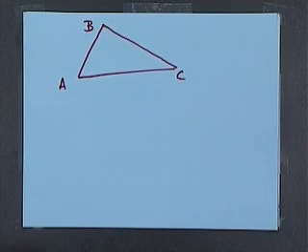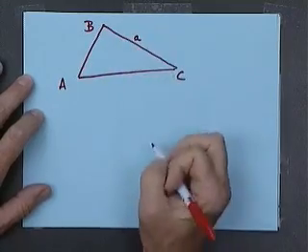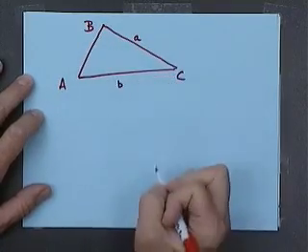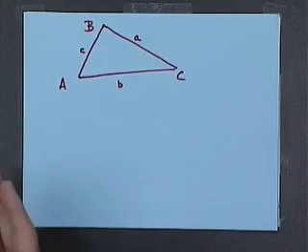In fact, if it is a right triangle, the law of cosines becomes the Pythagorean theorem because the cosine of the included angle is the cosine of 90, which is 0, which causes that term to disappear. So if that's angle A, this would be side A. If that's angle B, this would be side B. And if that's angle C, this would be side C. So you can start wherever you want to. And there are three different versions of the law of cosines on this triangle.